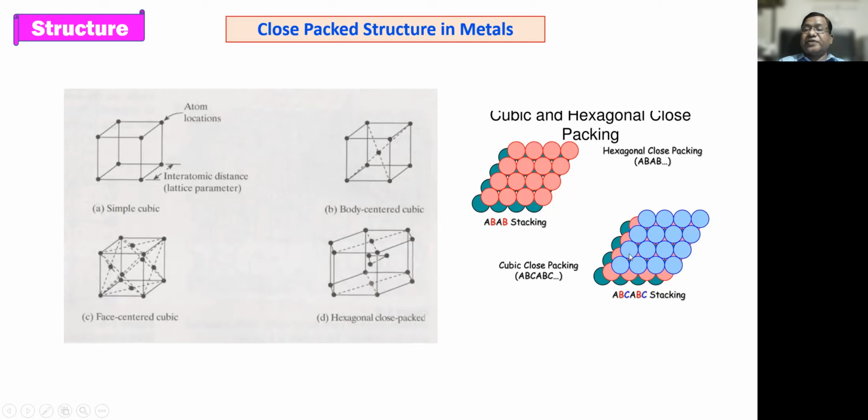And if this stacking is repeated after that, that is called ABC type of stacking. If you want to understand this kind of thing, you need to bring small balls of different colors, and you can put one over the other, and you can understand that better than whatever is explained here.